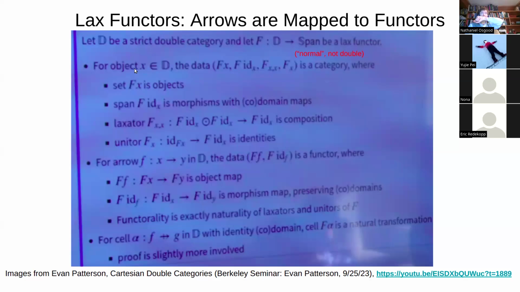So these objects in D map to a category. These vertical arrows map into functors between those categories. So before we had, you remember, a table of edges? Different possible values of the set, right? The set of edges. And for each such element, we had a foreign key that tells us what it maps to over in the vertex table.